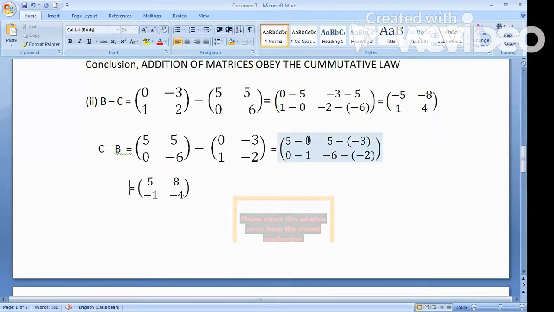All right, so 0 from 5 will give you 5, 5 subtract 3 is 8. 1 from 0 is -1. And this down here is -6 plus 2, which is -4. So what's the conclusion?